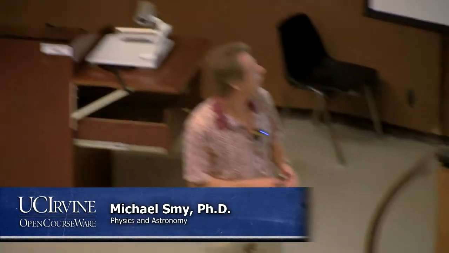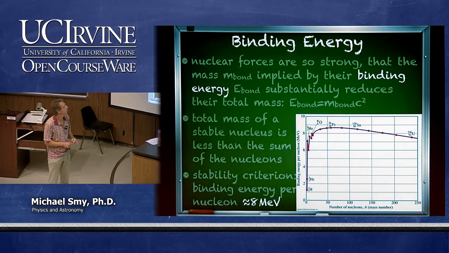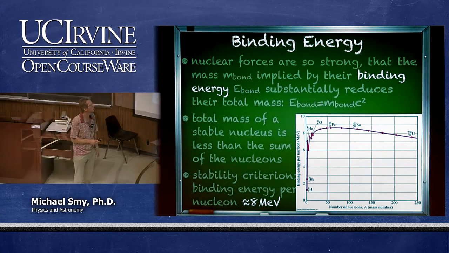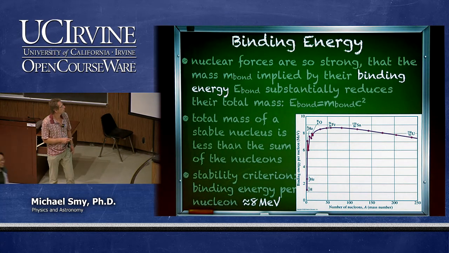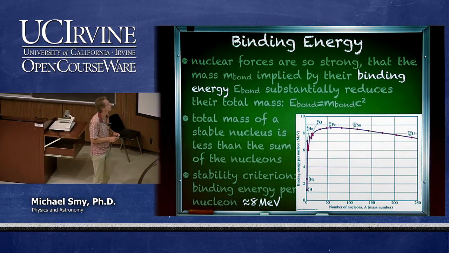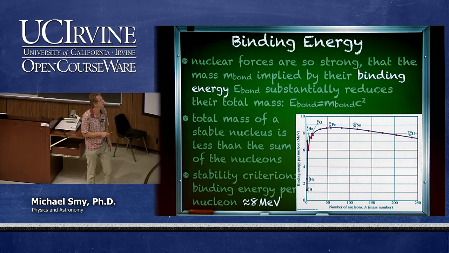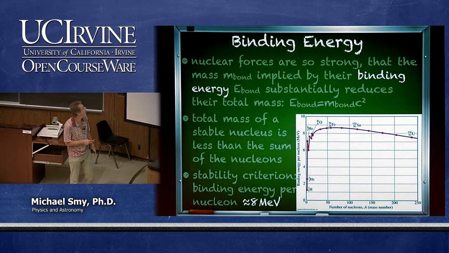Days ago, we talked about radioactivity, in particular about the strong force that is responsible for keeping the nucleus together. And we observed that the binding energy of the nuclear force is strong enough that it substantially reduces the mass of the nucleus.